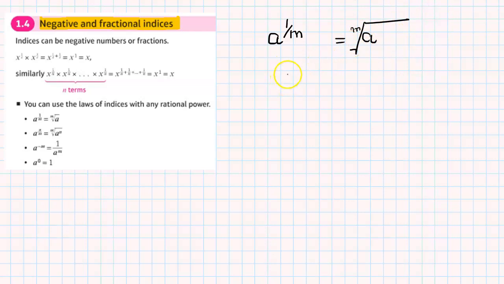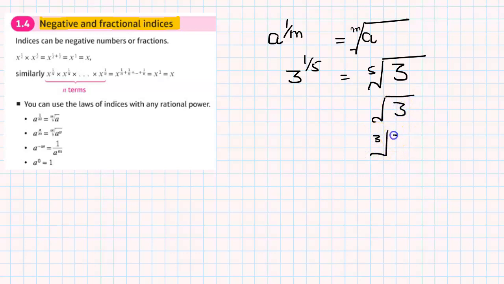For example, if I am having 3 to the power 1 over 5, it means this is the fifth root of 3. This we write as a very small number. This is the second root, this is the third root, fourth root, and fifth root. That is what we write.